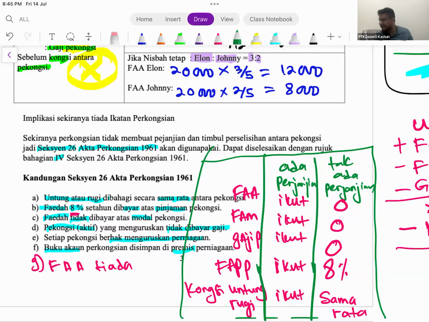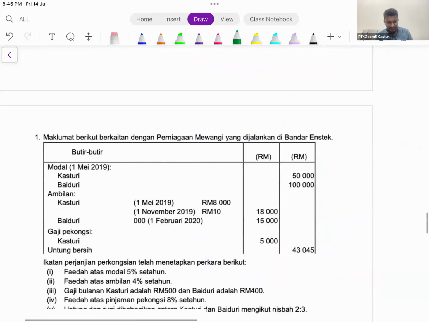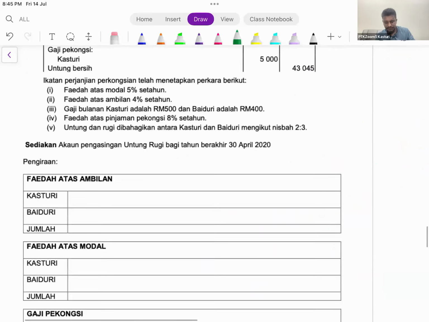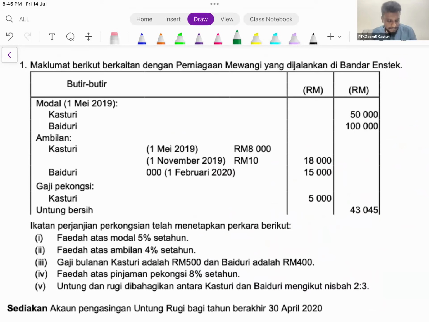Okay, done? Ready? Then copy. Okay, so now on the same worksheet, go to page number 5. Maklumat berikut berkaitan dengan perniagaan mewangi yang dijalankan di Bandar Anstag. So they give you modal Kasturi adalah 50,000, Bayi Duri adalah 100,000.